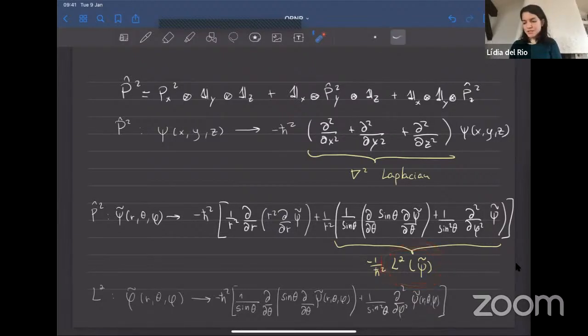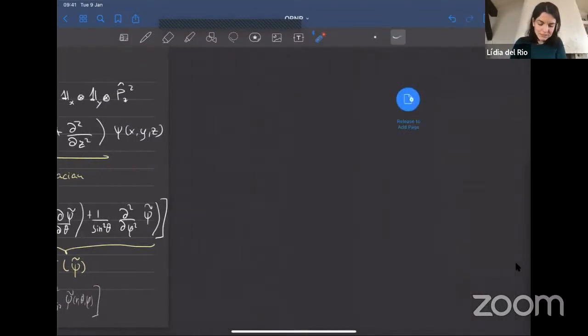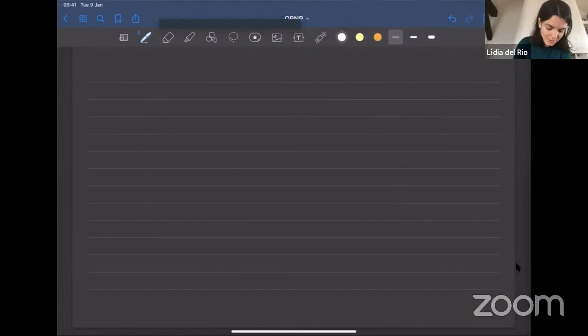And now if we bring it together with the whole Hamiltonian, we get the following. The Hamiltonian applied on the wave function takes the wave function to the following thing. On the one hand, we have this.